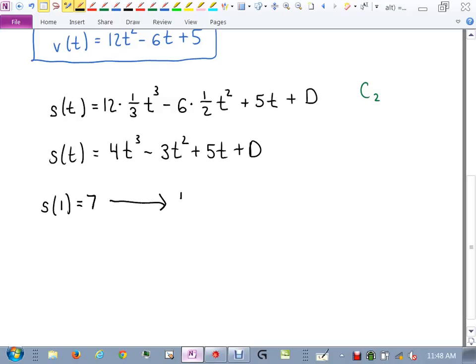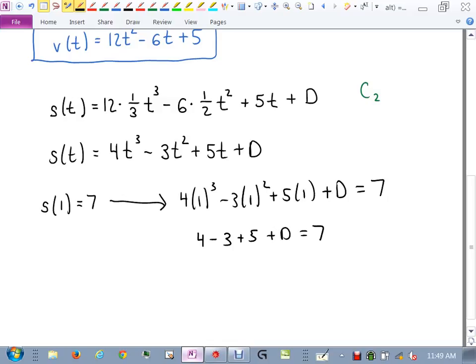So when you plug in 1 here, you get 4 times 1 cubed minus 3 times 1 squared plus 5 times 1 plus d, which must be 7. So 4 minus 3 plus 5 plus d must be 7.